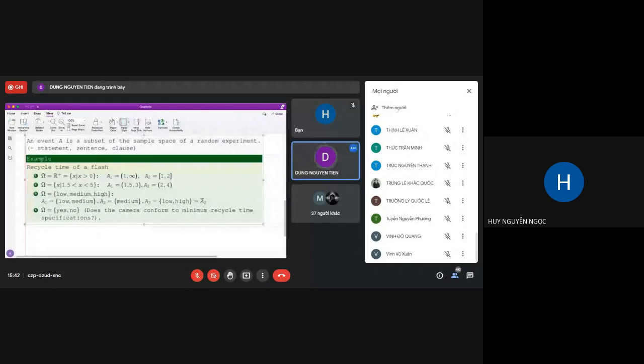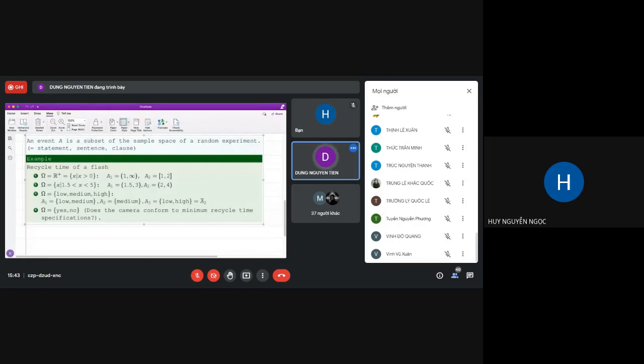Events are subsets of the sample spaces, and they contain some possible outcomes, right? Well, in practice, you don't really get a subset, okay? Instead, you get sentences, clauses, statements, claims, right?